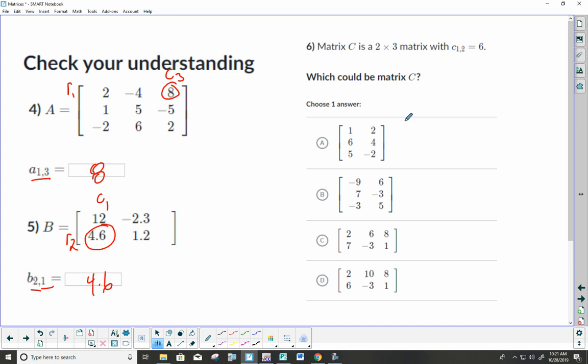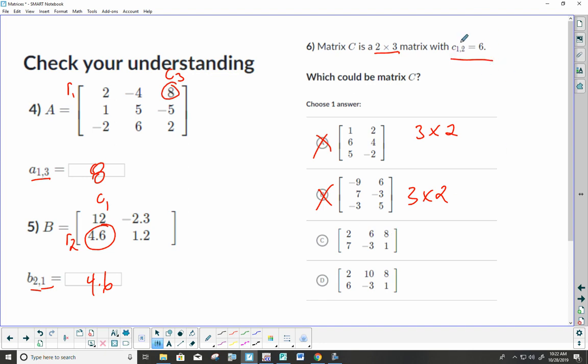This one's a little more involved. They're telling you it has to be a 2 by 3 matrix. This first one has 3 rows, 2 columns. This is a 3 by 2. You're looking for a 2 by 3, so it can't be A. Same deal on this one. This is a 3 by 2, so it can't be this one. Both of these are 2 by 3 matrices. 2 rows, 3 columns. So now go to the second piece of information.